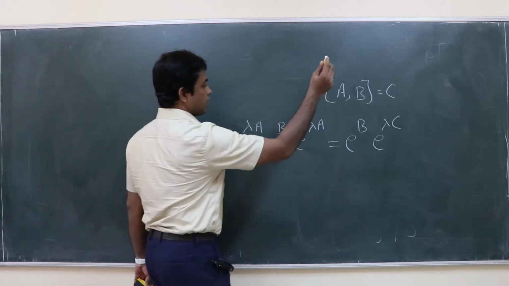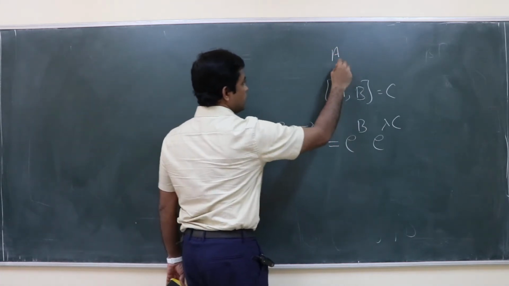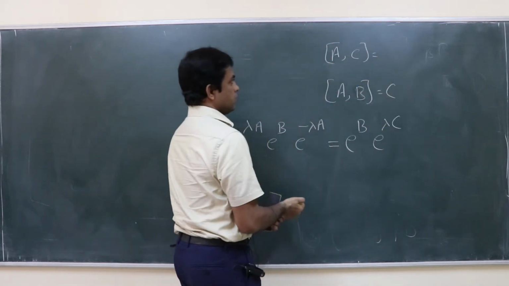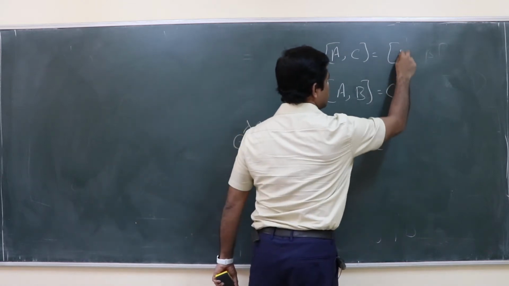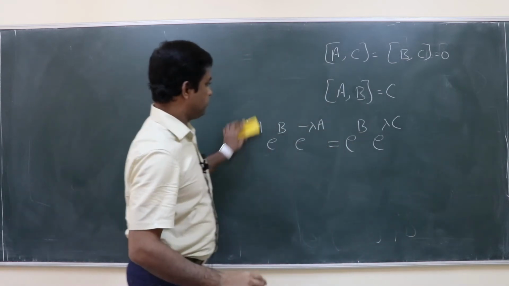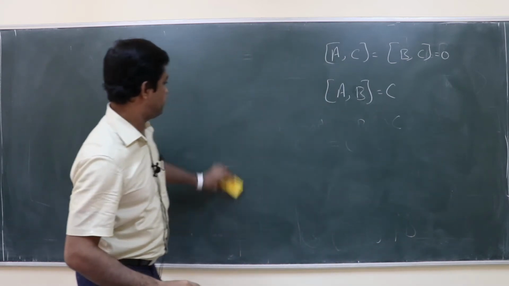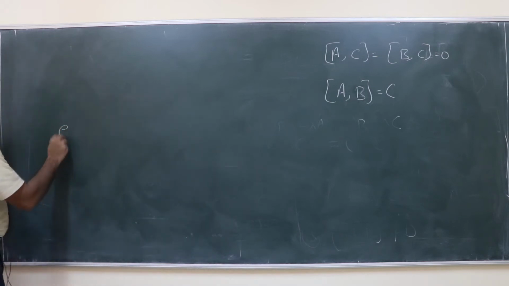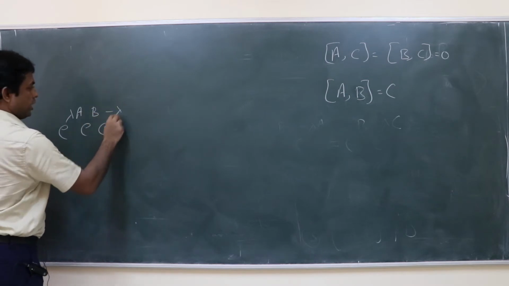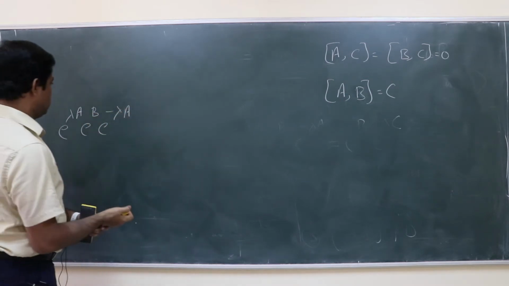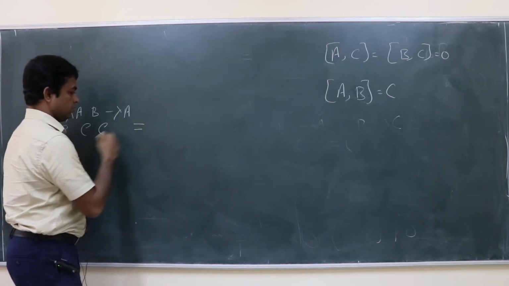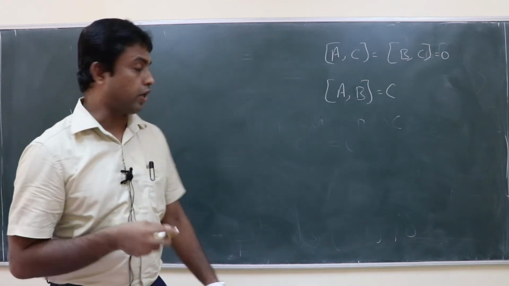The conditions are A commutes with C, and B also commutes with C. Anybody got this? Anybody was able to derive this? Yes or no? Okay, fine.